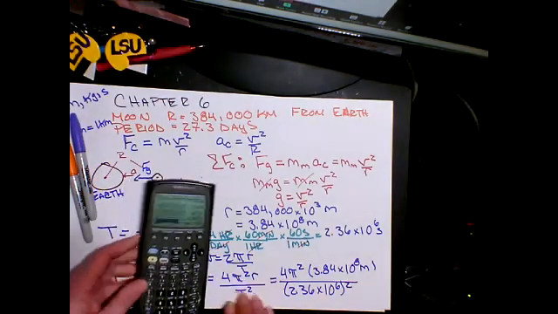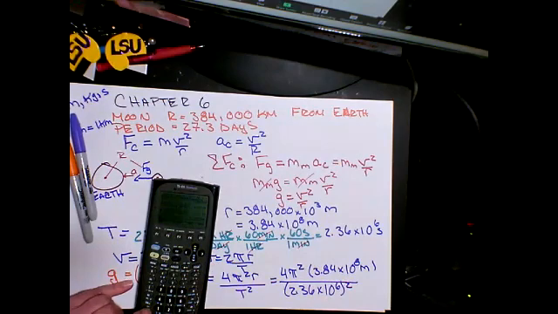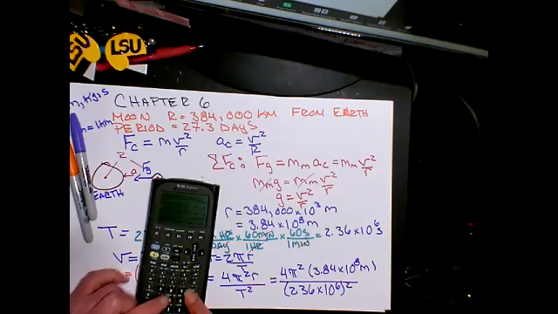So let's just go ahead and put that in our calculators. 4 times pi squared, don't forget it. That's like the most ignored little piece of information. 3.84 times 10 to the 8th divided by 2.36 times 10 to the 6th squared.